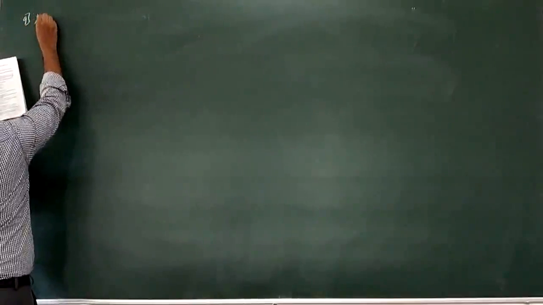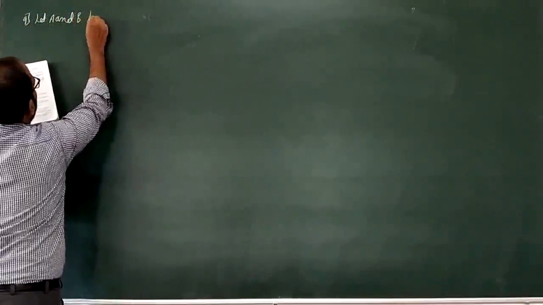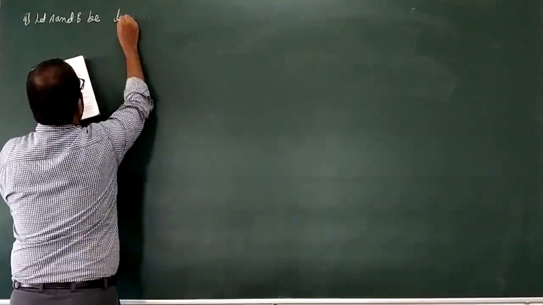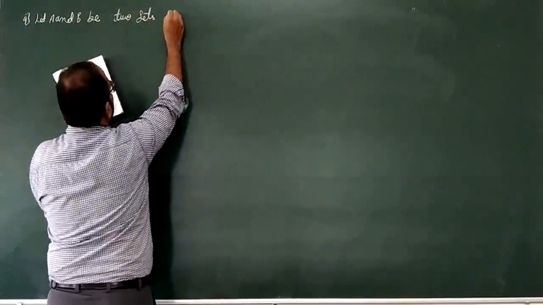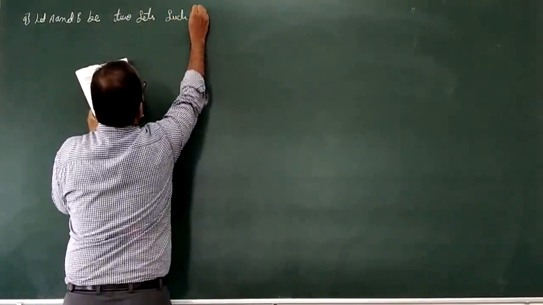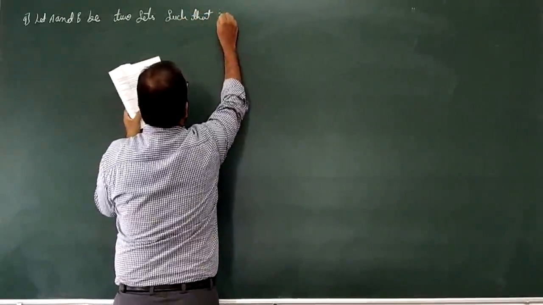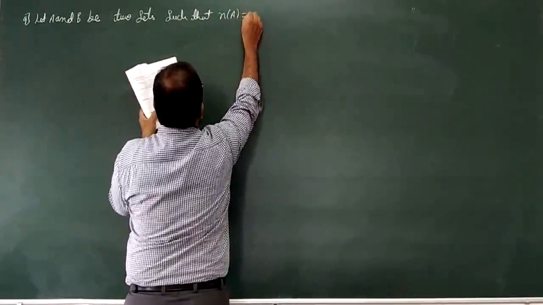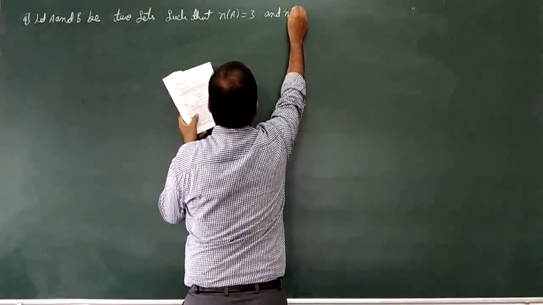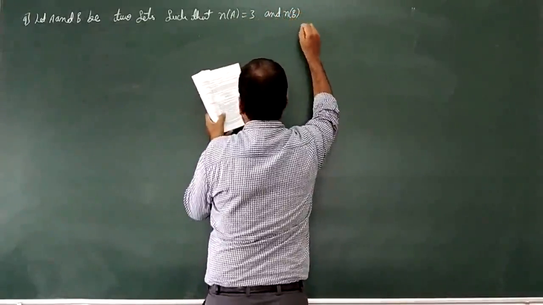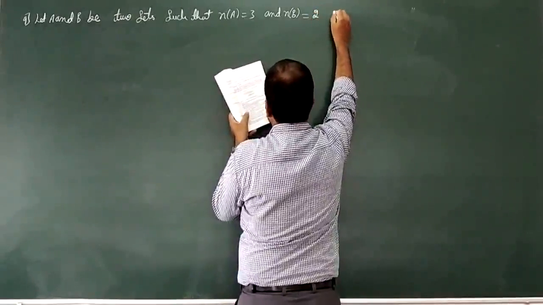let sets A and B be two sets such that n of A is equal to 3 and n of B, the number of elements in B, is equal to 2.